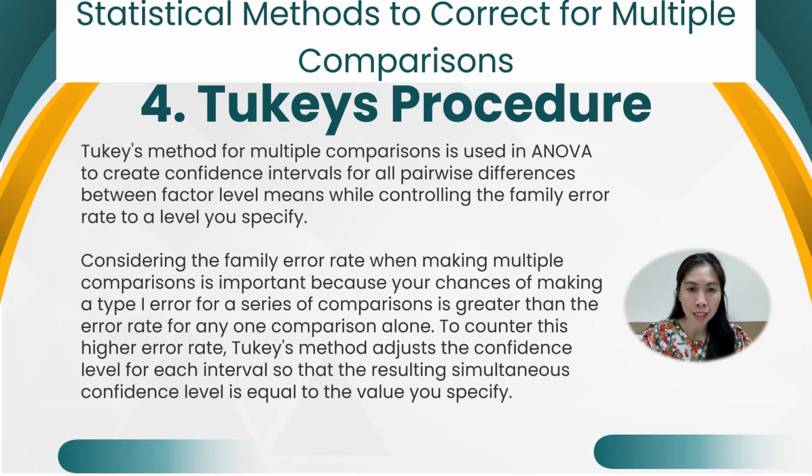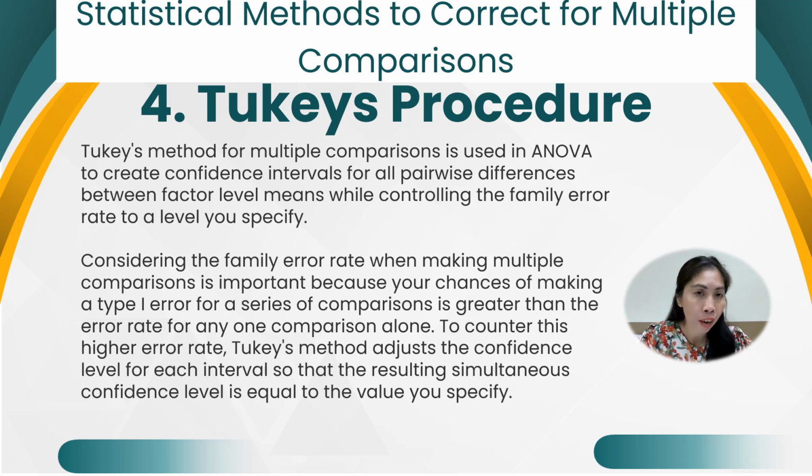The fourth method is Tukey's procedure. Tukey's method for multiple comparison is used in ANOVA to create confidence intervals for all pairwise differences between factor level means while controlling the family error rate to a level you specify.